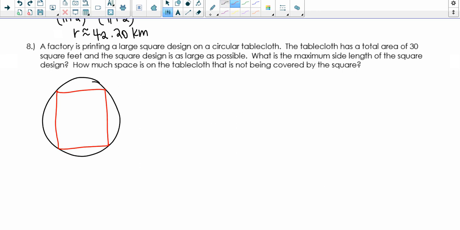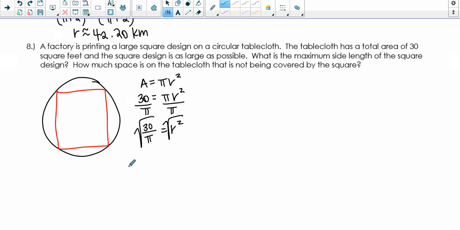Well, remember, the tablecloth is the circle, so area equals pi r squared. And 30 is the maximum area. So if I go through and solve for my r, I'll show you why I'm doing that in a second. You have 30 over pi equals r squared. We're going to square root both sides.